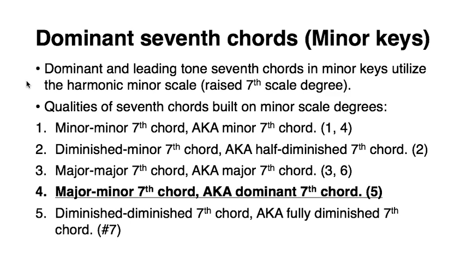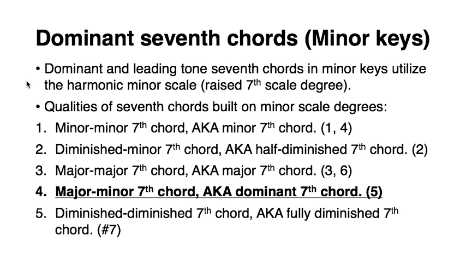But as we're building seventh chords on the scale degrees of a minor scale, in this case of A minor, we have to use the harmonic minor scale variant when we are building the seventh chord on scale degree 5, dominant, and on scale degree 7, which will become the raised scale degree 7, the leading tone seventh chord, rather than the subtonic seventh chord. There really isn't a subtonic seventh chord.